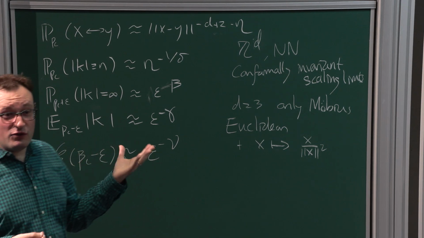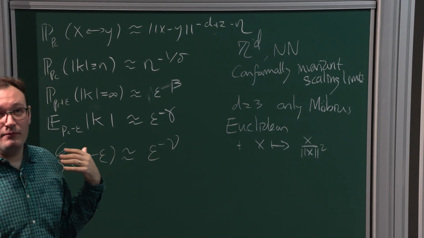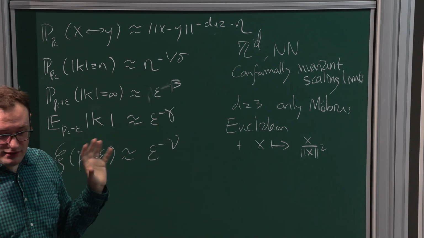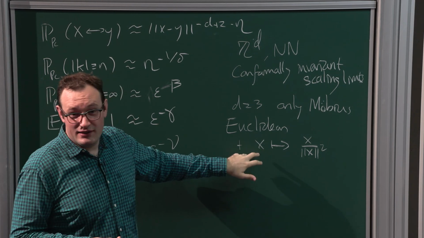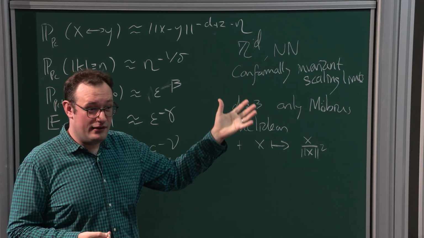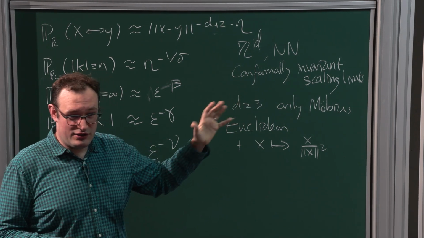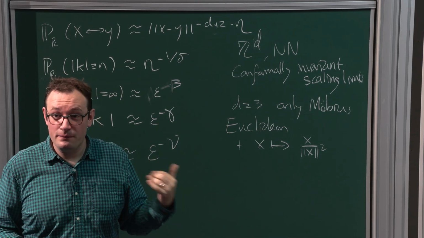You have way fewer Mobius transformations than you have conformal maps. But what physicists have found is that in 3 dimensions, for example, the fact that you also have this additional symmetry in the scaling limit beyond the Euclidean ones, like the scaling, translation, rotation, etc., actually places a lot of constraints on the model.